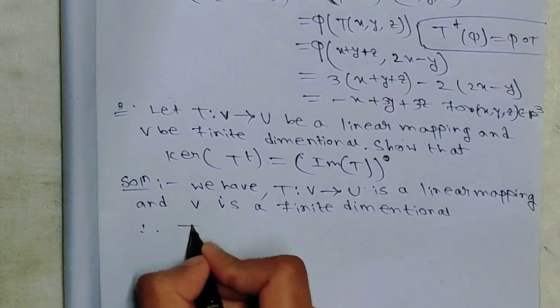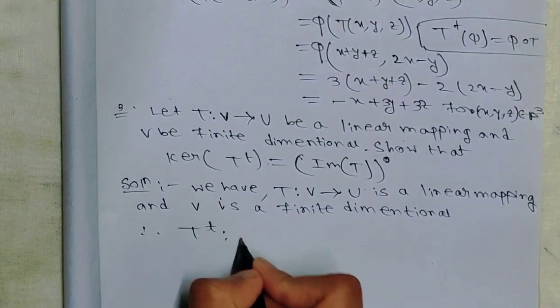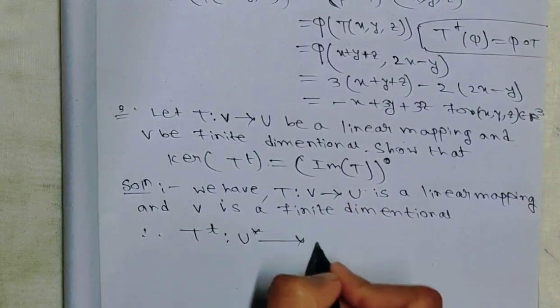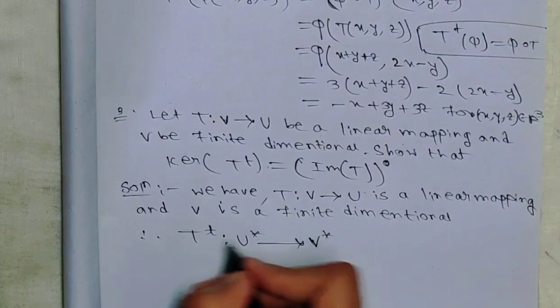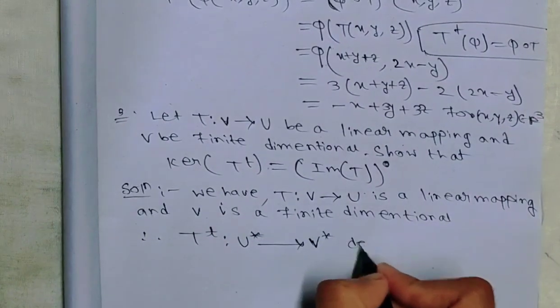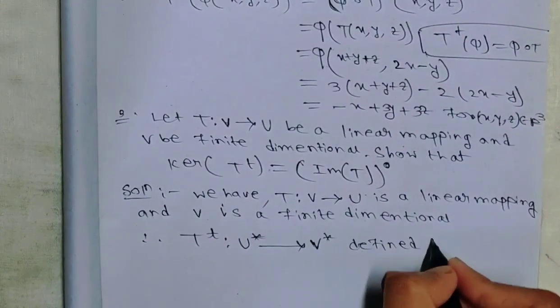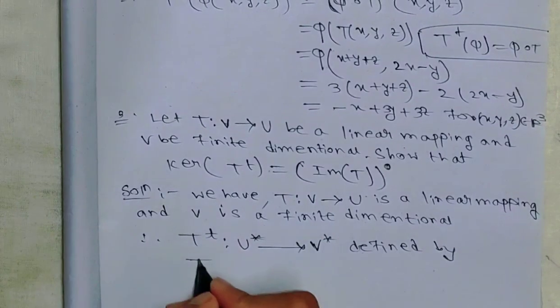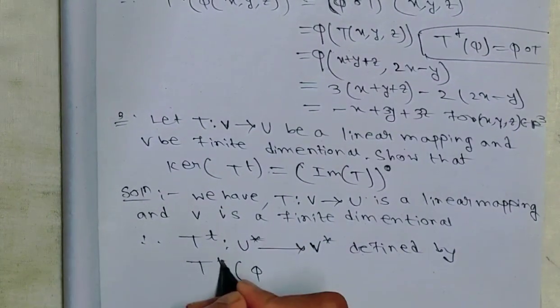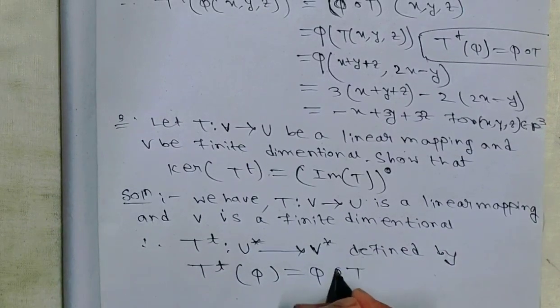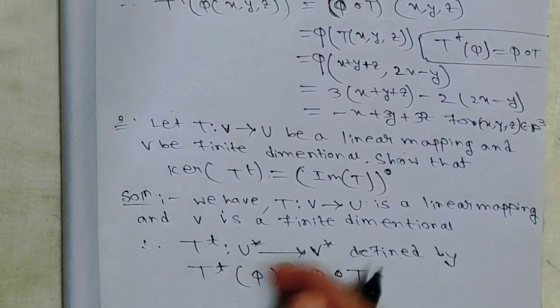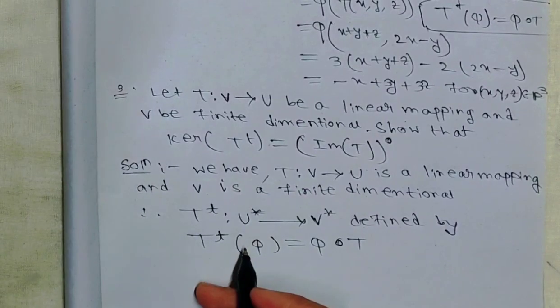Therefore, T transpose is defined from U star to V star. It is a mapping from U star to V star, which is defined by T transpose of phi equals phi naught T, which is just the definition of transpose of a linear mapping.